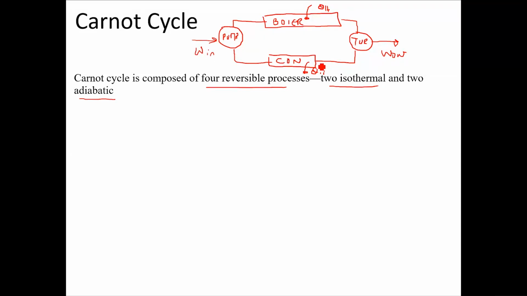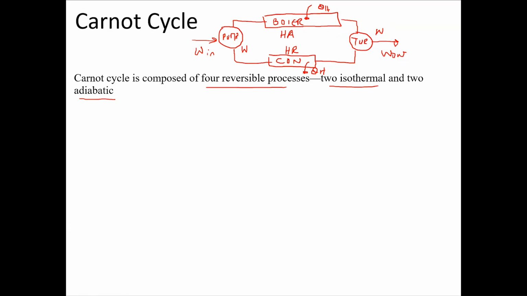This is basically what was happening. Essentially, there are 4 processes: a boiler process in which heat is added, a heat addition process; a turbine process, which is the work out process; a condenser process, which is the heat rejection process; and a pump, which is the work input process.